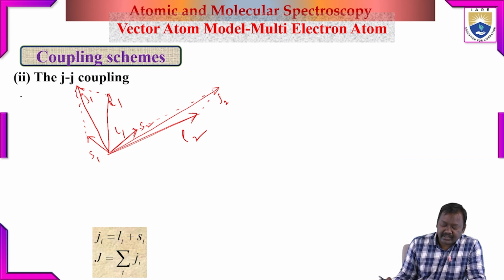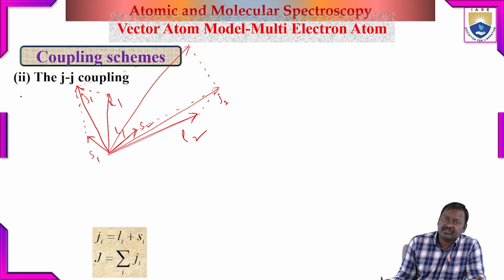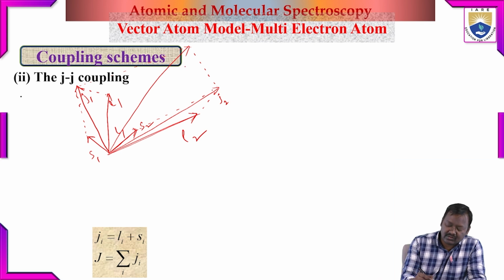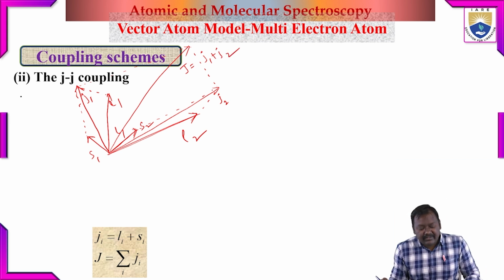Now after adding these individual total angular momenta, we take the total angular momentum of the atom, J, which is equal to J1 plus J2. This is the vectorial notation of JJ coupling.